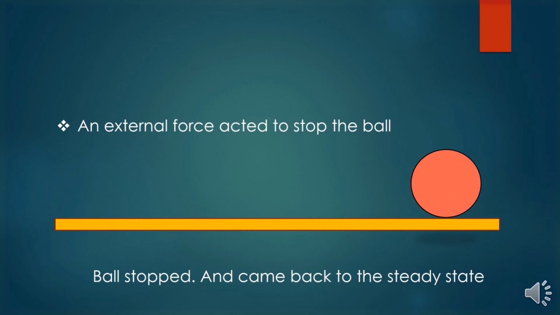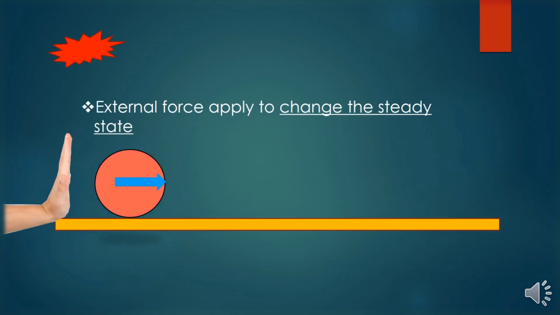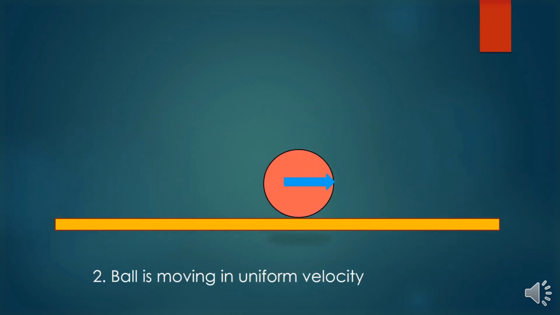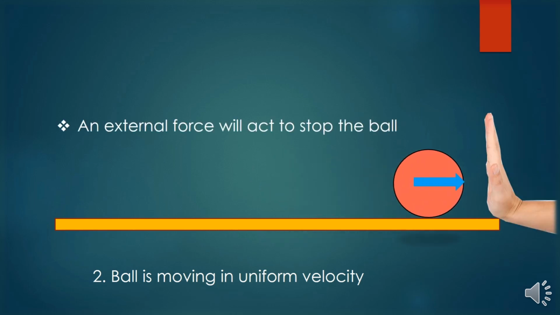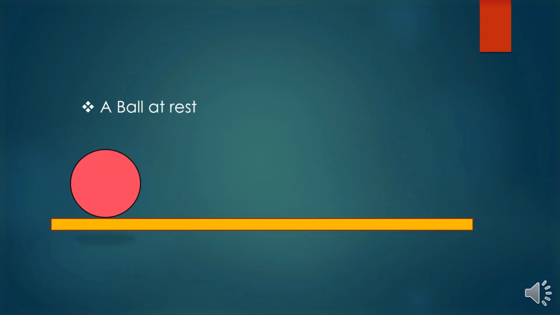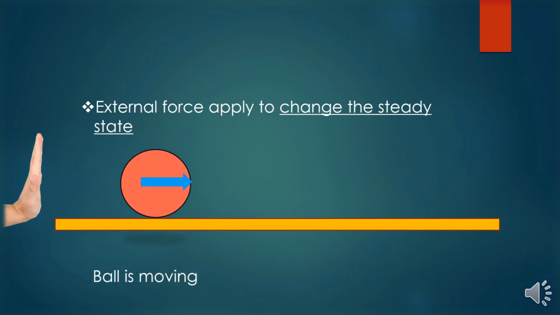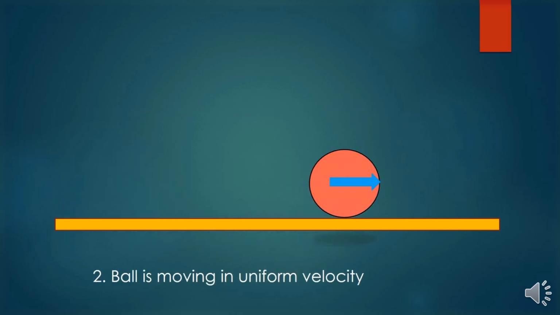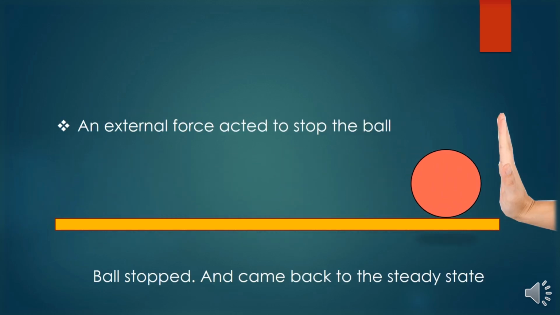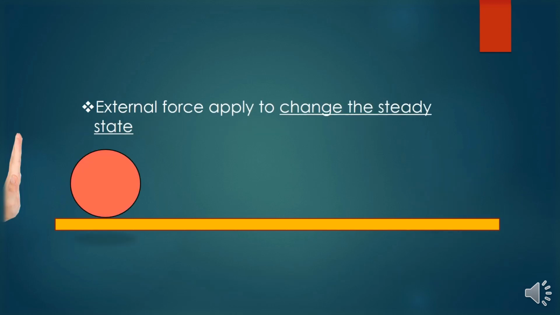If there is no external force acting on the ball, it will stay at rest in its initial state. And when the ball is moving in uniform velocity in a straight line, it will continuously move until it's changed by an external force.